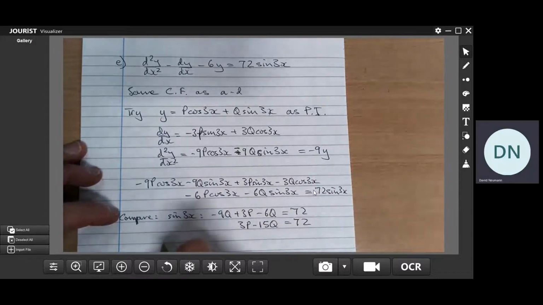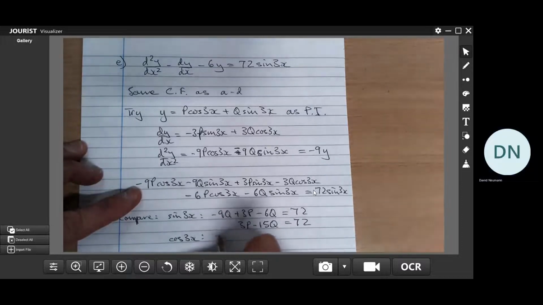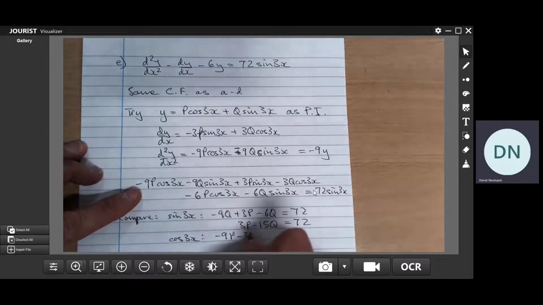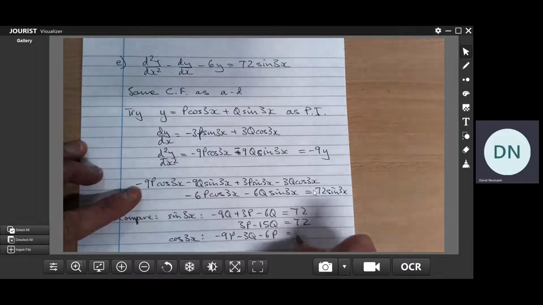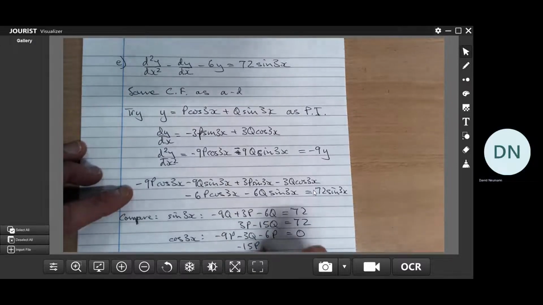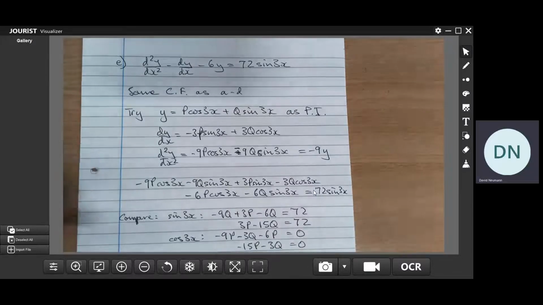If we compare cos of 3x, we get minus 9p minus 3q minus 6p is equal to 0. So that is minus 15p minus 3q equals 0. And we now have to solve those two simultaneous equations.